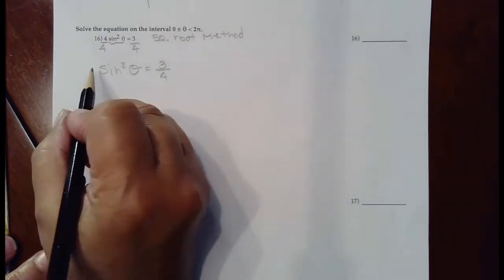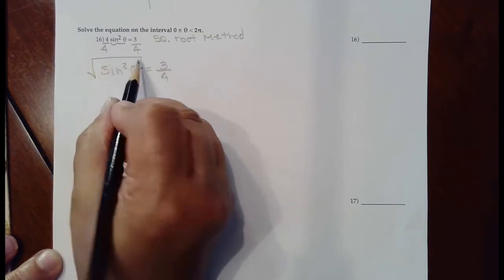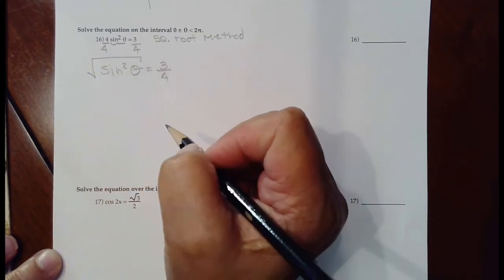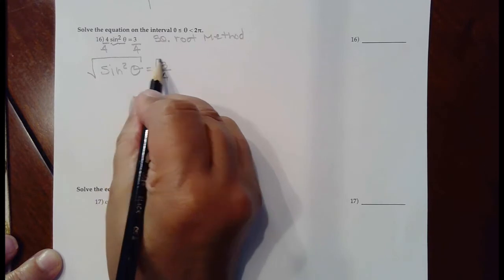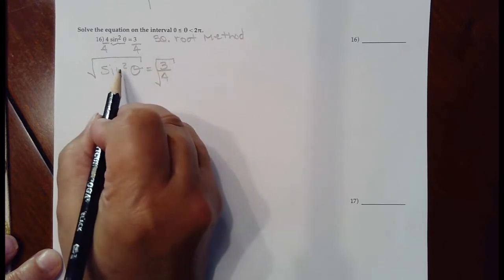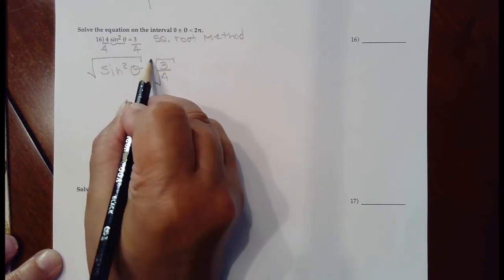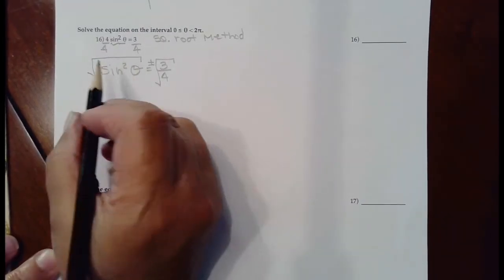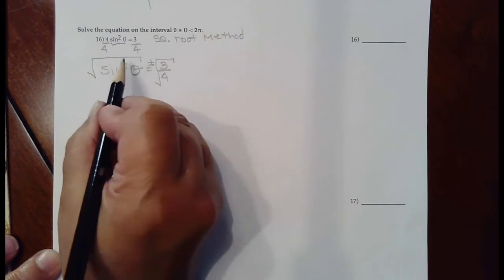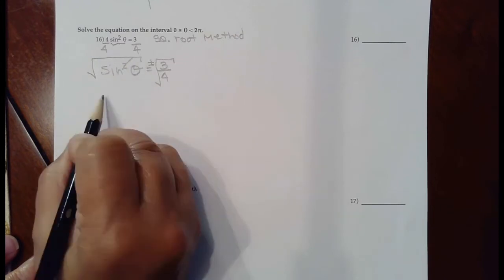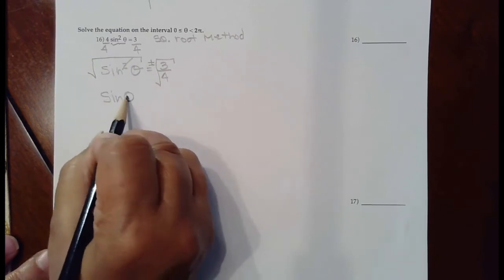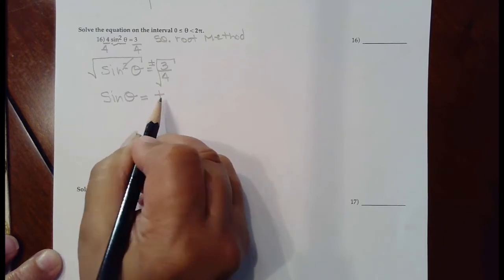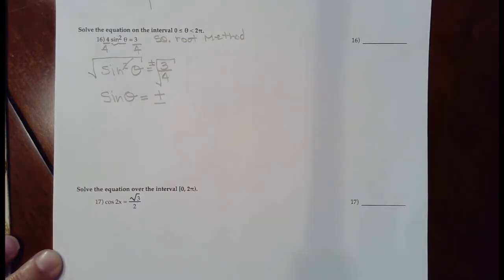Don't forget, second degree equations have two answers, and this plus or minus will allow you to get those two answers because you're going to be looking for anywhere that the sine, because square root of sine squared, this square root dissolves the square, so now you're just talking about just sine. We're looking for either the positive or the negative version of this square root. So the top you can't take the square root of, it's just square root of 3. And then the bottom you can take the square root of. And you recognize that.